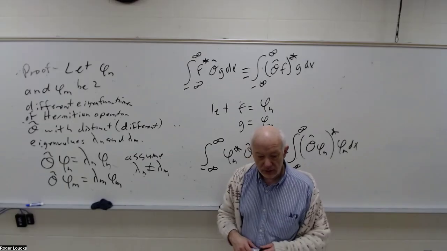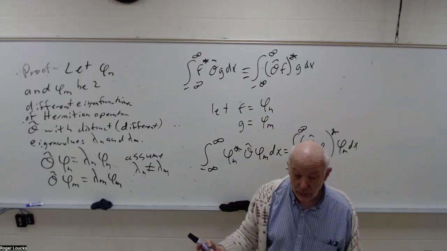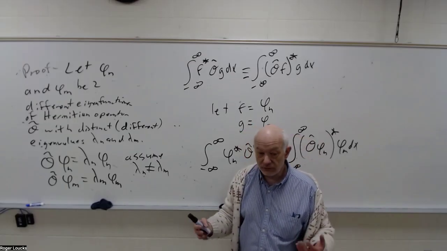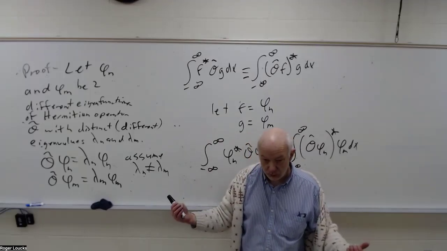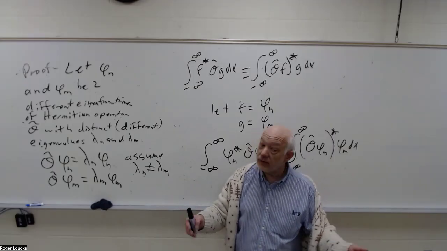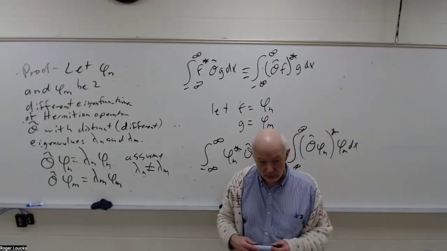Now it turns out that there's another way of looking at these involving matrices that I don't want to get into; you'll take that in a quantum mechanics course. There are different ways of doing quantum mechanics. We're doing everything in terms of differential operators, but you can redo everything in terms of matrices, and that will be a big part of the quantum class.